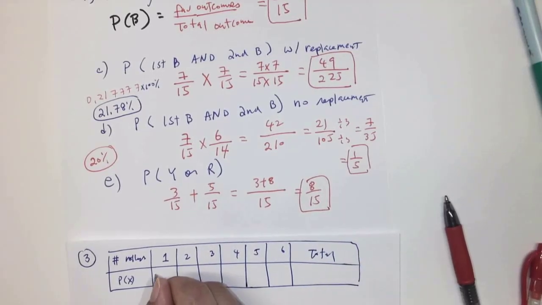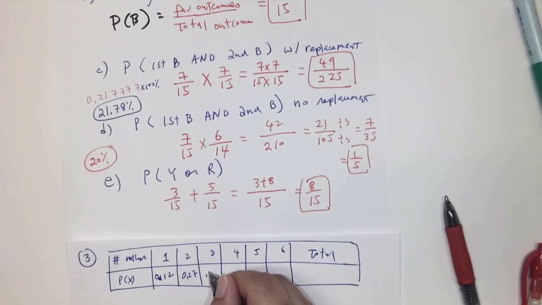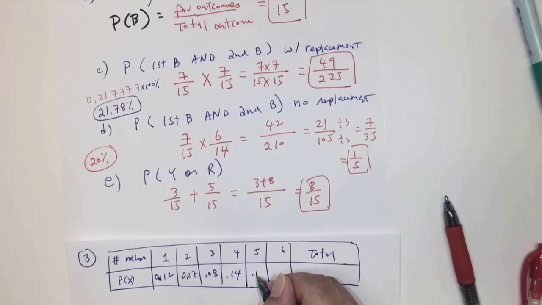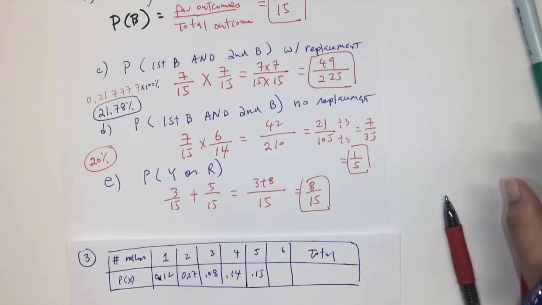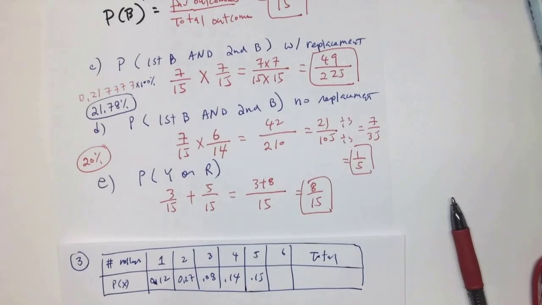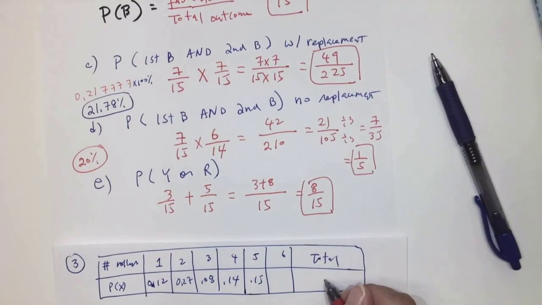The probability is 0.12, decimal, sorry, 0.27, 0.08, 0.14, 0.15. We don't know 6, and we should know the total should be what? 1. Probabilities add up to 1.